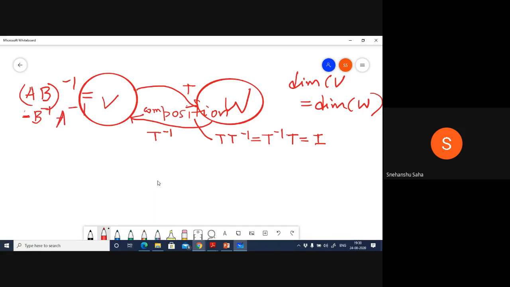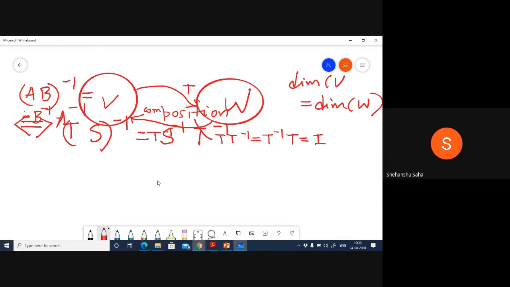Now what I would want to do is, as I said, do everything in terms of linear transformations. So let's say the matrix A is induced by the linear transformation T, and matrix B is induced by the linear transformation S, then (TS) inverse is nothing but S inverse T inverse.